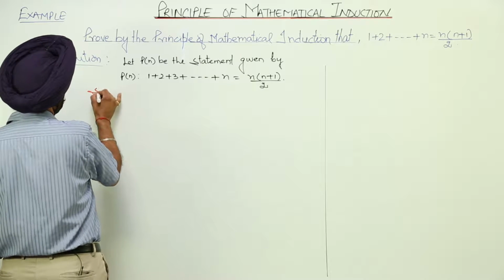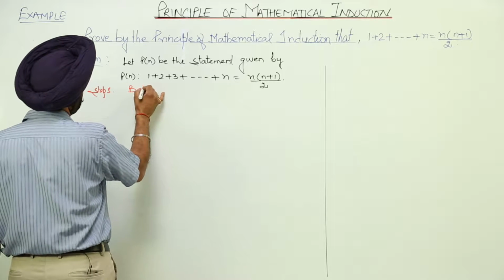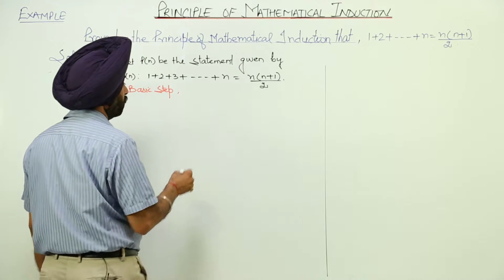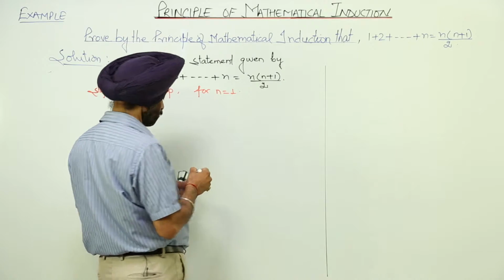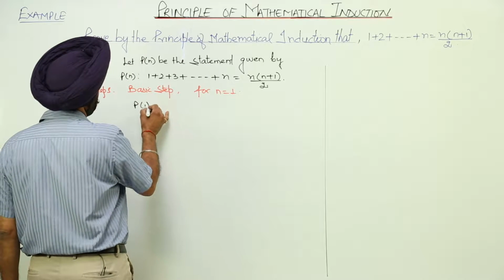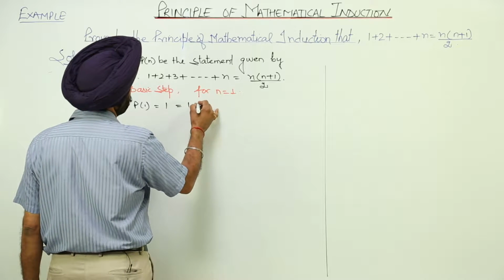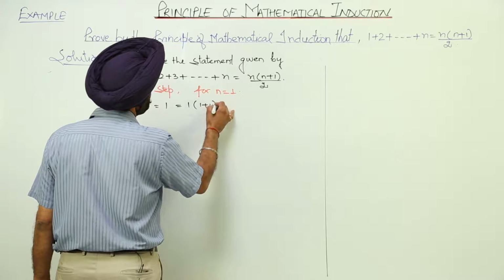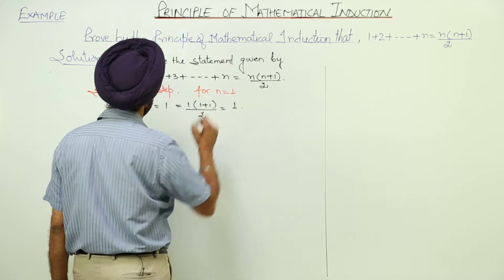Now, basic step, step 1. Basic step. Now, what is it? For n is equal to 1, P1 is equal to 1, and this is equal to 1 times (1 plus 1) upon 2, and this is equal to 1.